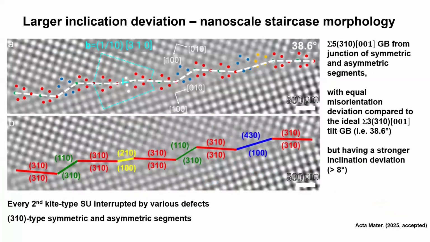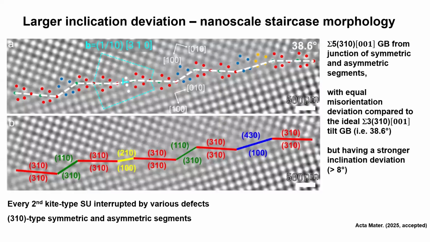And then if you go to larger inclination deviation, you get even more strongly disturbed structures. We call this staircase morphology because every second kite-type structural unit is now interrupted by various defects, as you can see here.